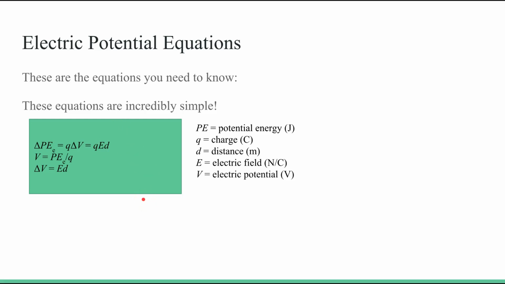Okay, so you might wonder how we just pulled all of these equations out of thin air. We know that the change in potential energy, or just potential energy in general, per charge Q will be your potential difference, or just the potential.